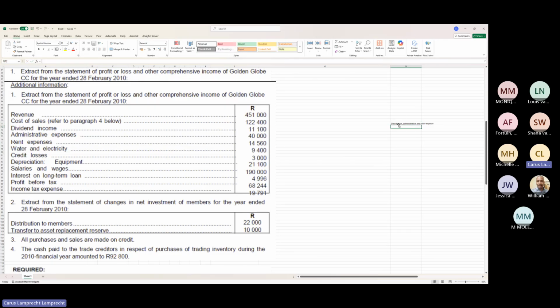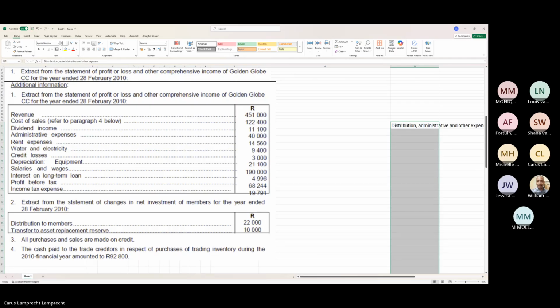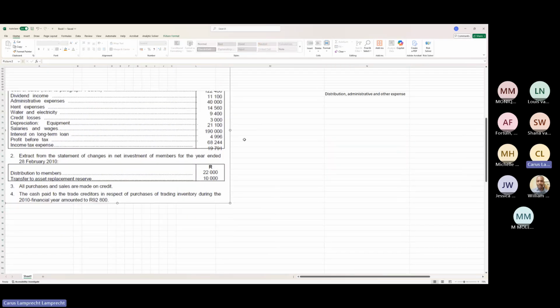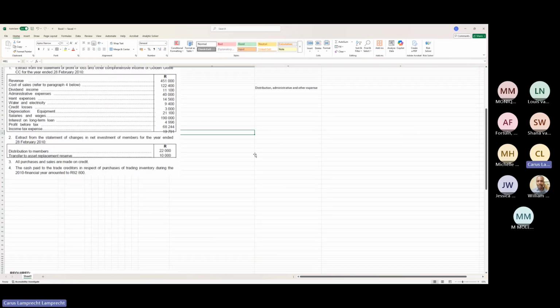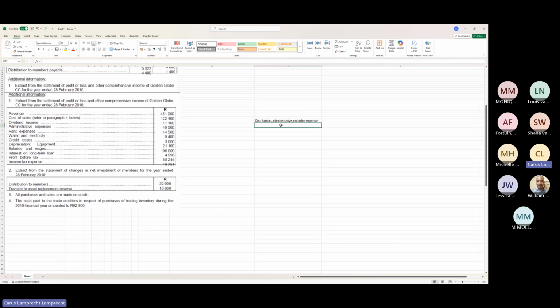I'll make the font bigger now. Okay, there we go. So firstly, admin expenses are included.